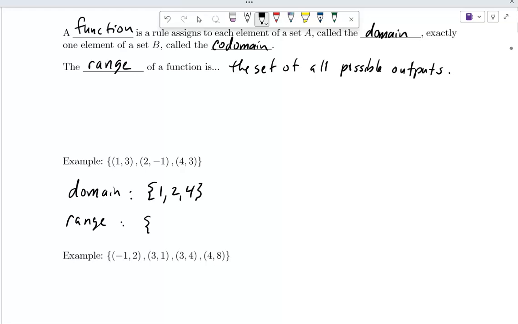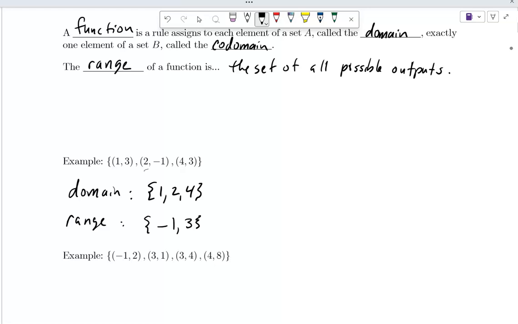Okay, so we've got outputs of 3, -1, and 3. I don't need to write the 3 twice because it's the same number. Usually we'll write things smaller to bigger, so I'll write it as -1 and 3. So again, the domain is the stuff that goes in, the range is the stuff that comes out. Does that make sense? All right.